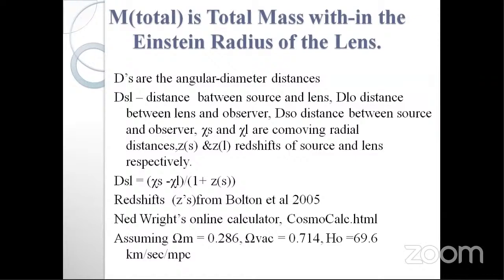These are the comoving radial distances. Now, once we have all this, the only other unknown left is theta, the Einstein radius.